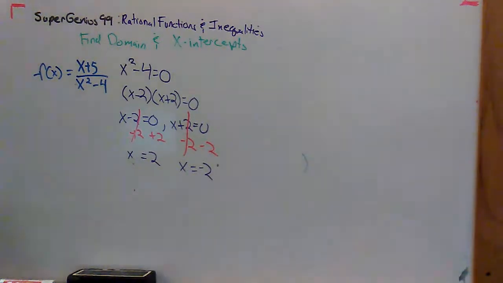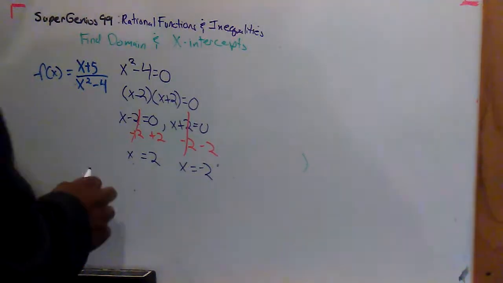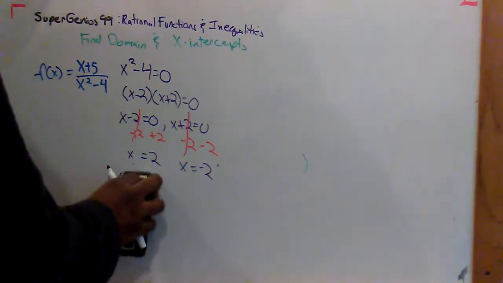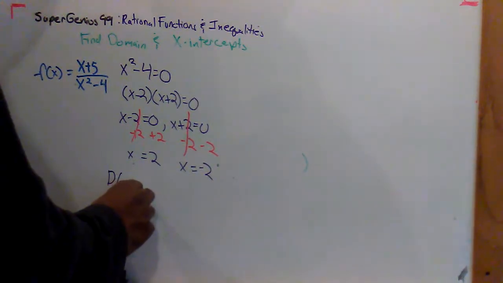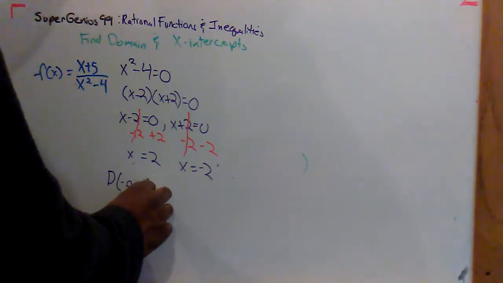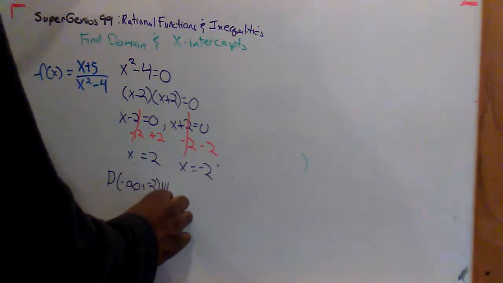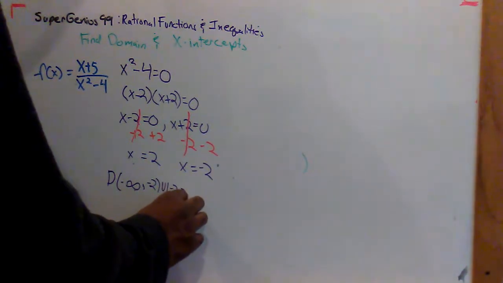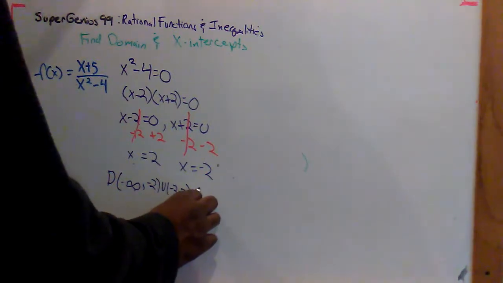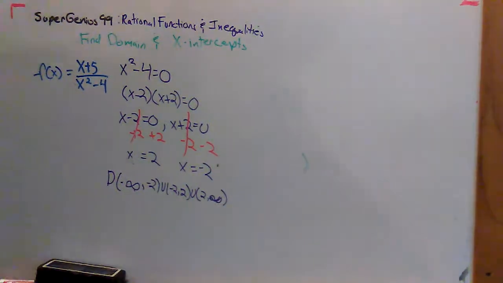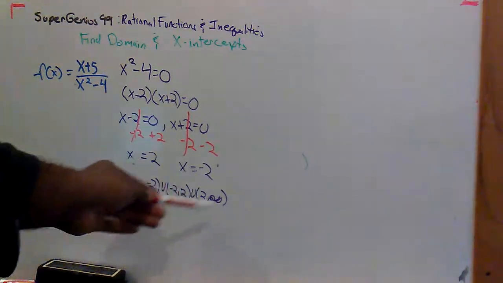So you can write it like this: domain is negative infinity to negative 2 union negative 2 to 2 union 2 to infinity.